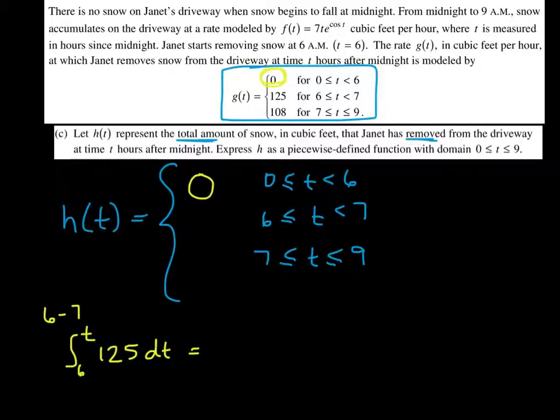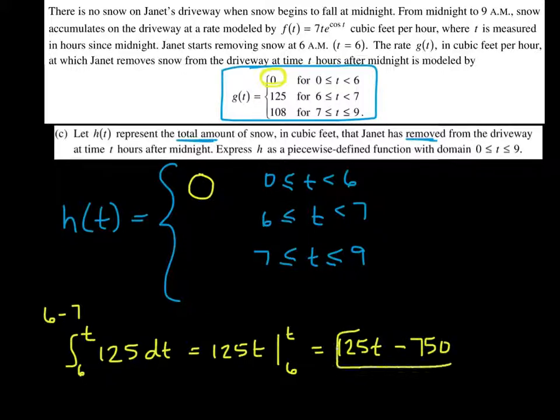So that would be 125 t from 6 to t. All right, so when I plug that in, I would get 125 t minus 125 times 6 is 750. Okay, so that right there is the amount that she has removed in terms of t from 6 to 7.